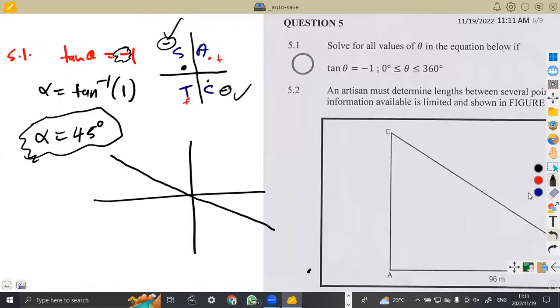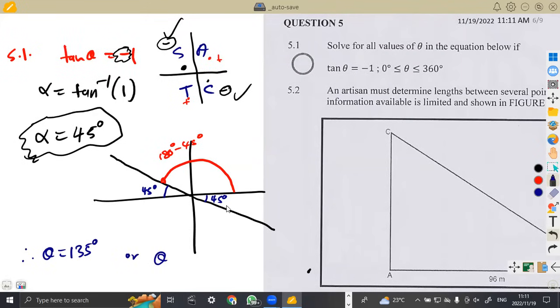So this is where we have our 45 degrees, our 45 degrees here, and our 45 degrees here. But the theta now, the actual angle, remember, is always taken from the positive horizontal to where the reference angle is. So this one is going to be 180 degrees minus 45, which is 135 degrees. That's the theta we are talking about. So theta is equal to 135 degrees.